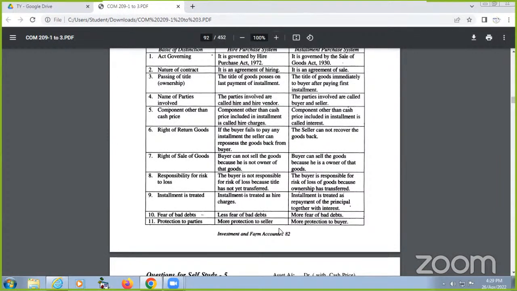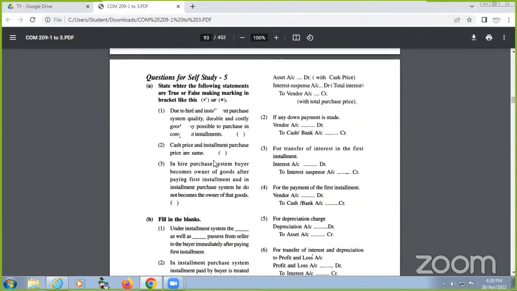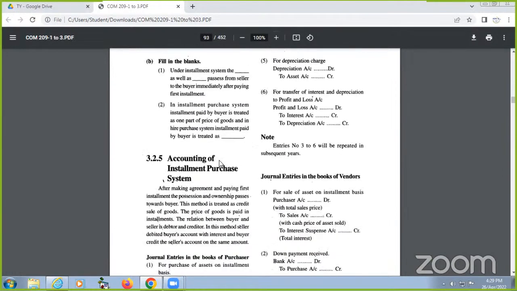Installment is treated as hire charges; installment is treated as repayment of principal together with interest. Bad debts: less fear of bad debts; more fear of bad debts in installment system. Protection to parties: more protection to the seller; in installment system, more protection to the buyer. So this is the main difference between hire purchase and installment system, which is very important from the exam point of view.